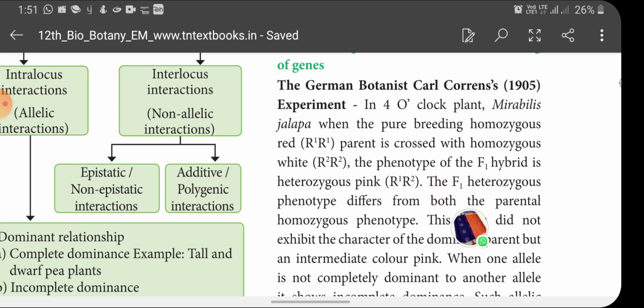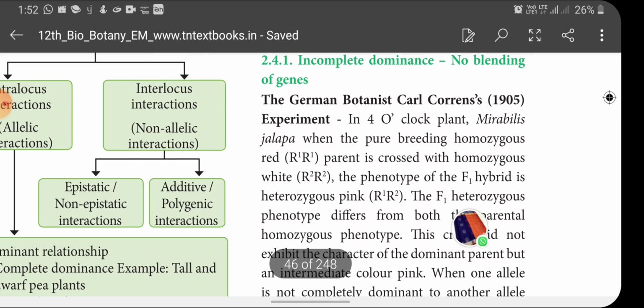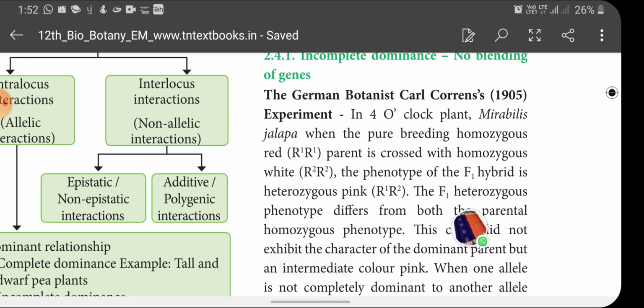What we have to observe here, compared to Mendel's monohybrid cross, please recall. In Mendel's monohybrid cross, when he crossed pure breeding tall and dwarf, all F1 were tall plants, that is, they expressed one of the parental traits. But in this incomplete dominance, Karl Correns crossed two pure breeds, one red and another white in the four o'clock plant Mirabilis jalapa.